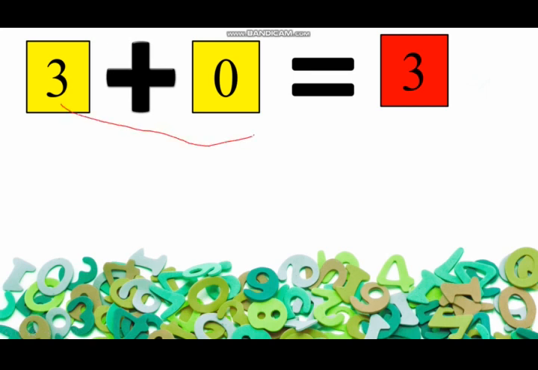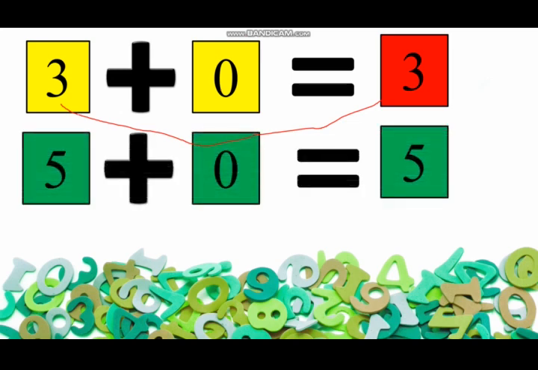This number and this number are the same. And what are we doing here? We are adding it with 0. The next time with the flower pot also you have seen 5 plus 0 equals 5. Again, this number and this number are the same. What same thing are you doing in both? You are adding the number with 0.